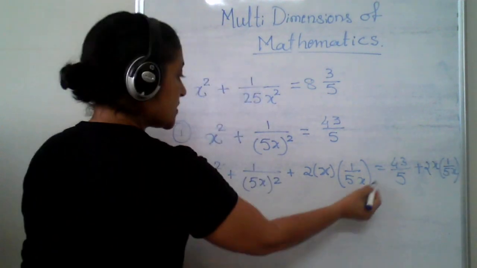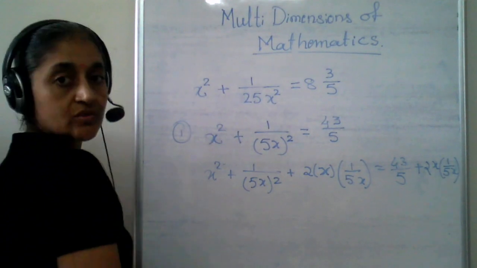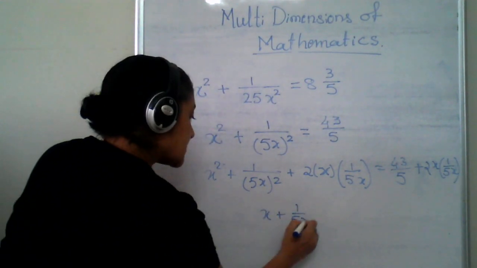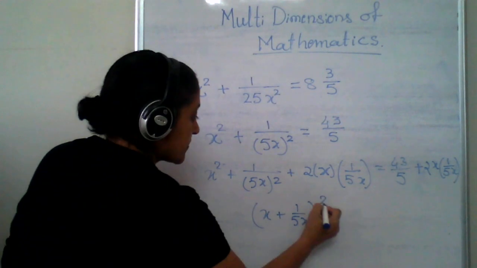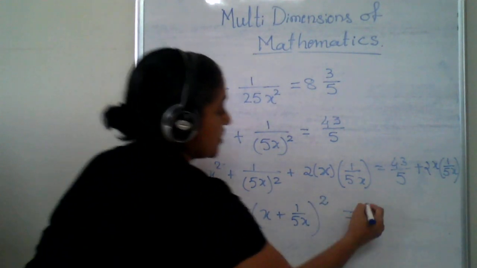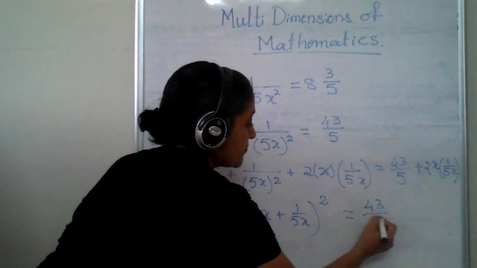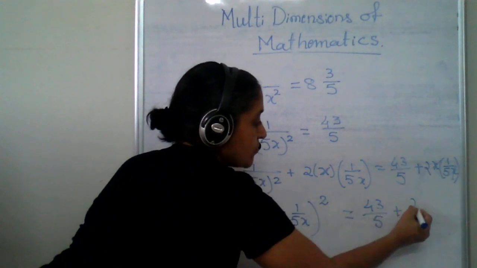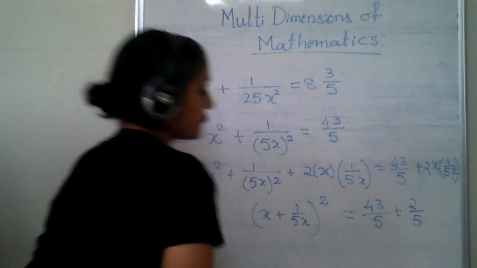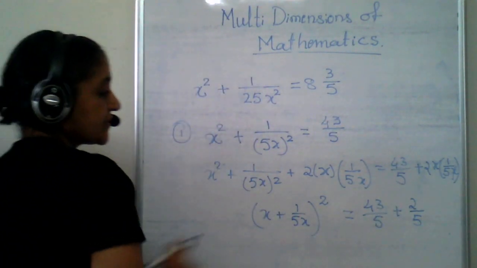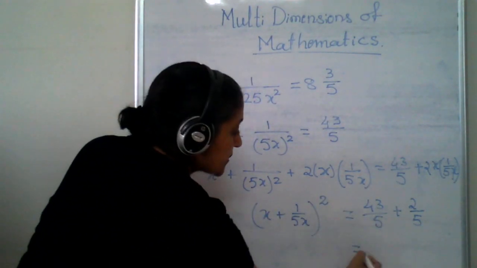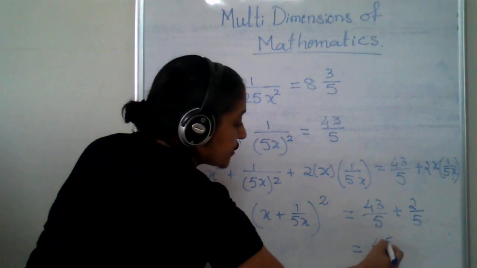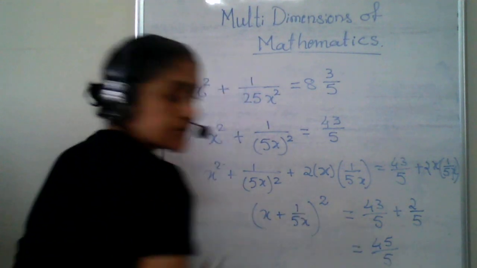Okay, here this is a complete square of x plus 1 by 5x bracket raised to square, that is equal to 43 upon 5 plus, now here x can be cancelled, 2 by 5 you can write. If you add 2 by 5 to 43 by 5, as the denominators are equal, you will have to add only the numerators, that will be 45 by 5, right?